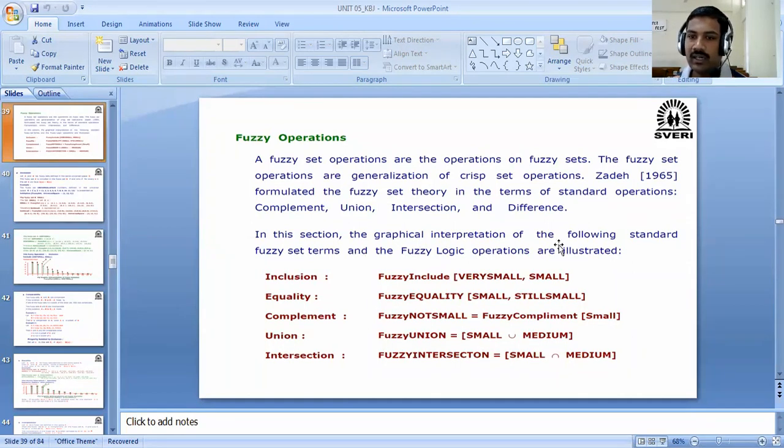In this section, the graphical interpretation of the following standard fuzzy set and fuzzy logic operations is illustrated: inclusion, equality, complement, union, and intersection. These are the five operations done in fuzzy logic.